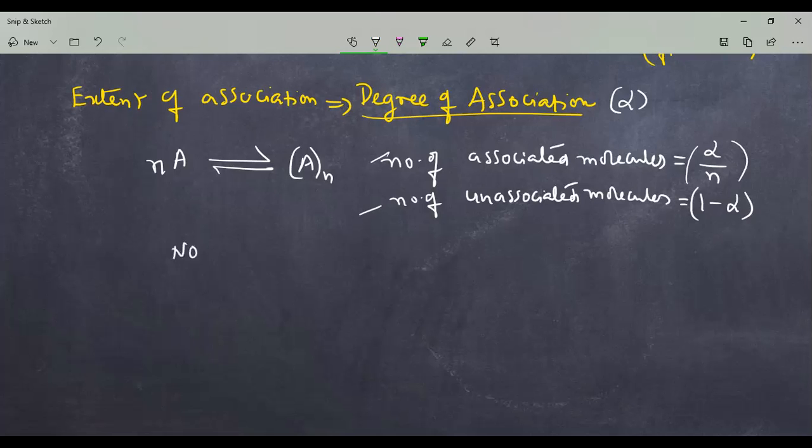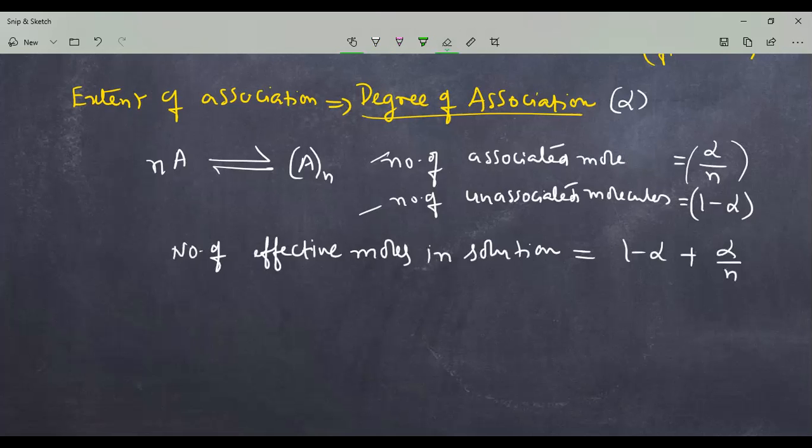Therefore, the number of effective moles in solution is 1 minus alpha plus alpha by n.